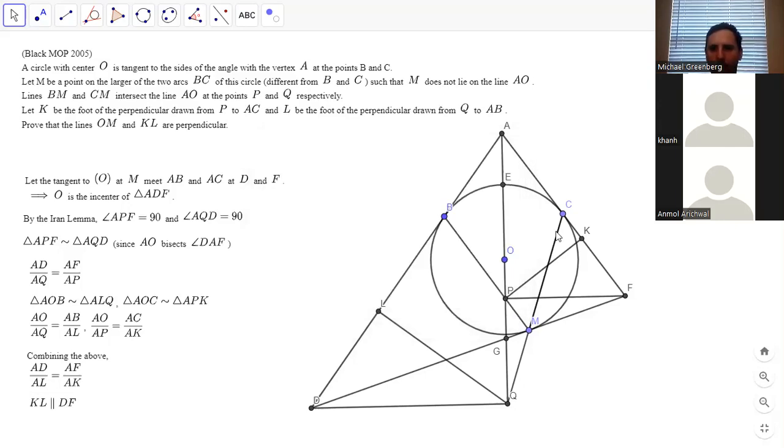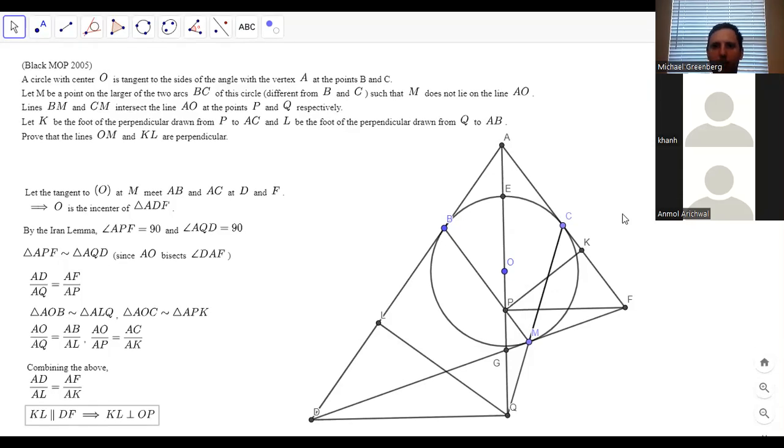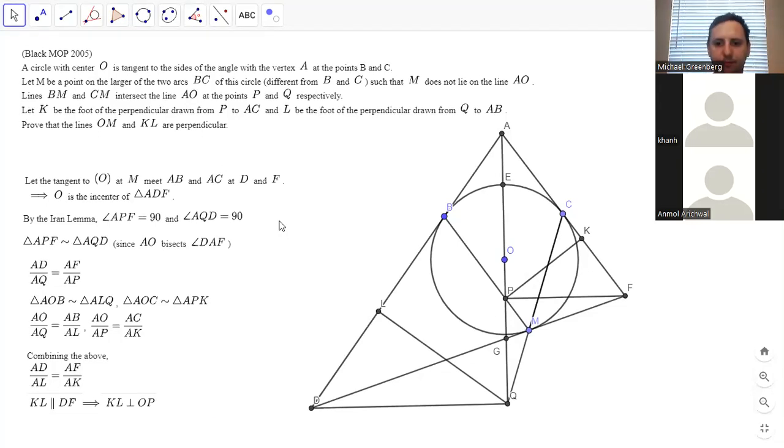All right, so Anmol, I think your proof used symmedians and harmonic quadrilaterals, right? So MA is the symmedian in triangle MBC.